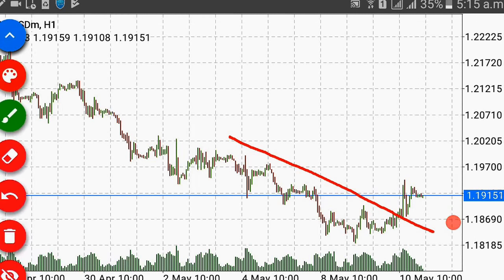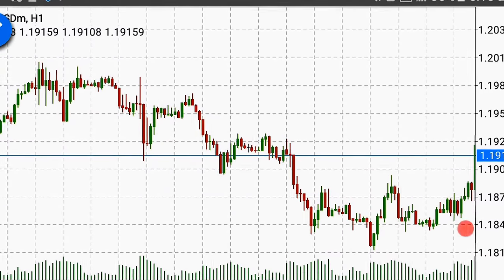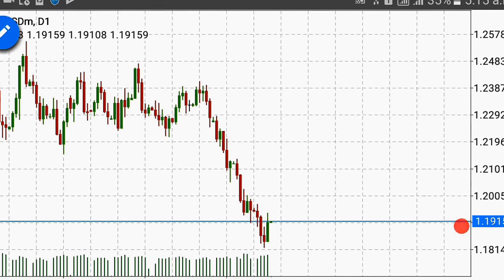If you are a short term trader, you can implement it in short time frames like 15 minutes or H1 charts. If you are, let's say, a long term trader, you can take it like that.